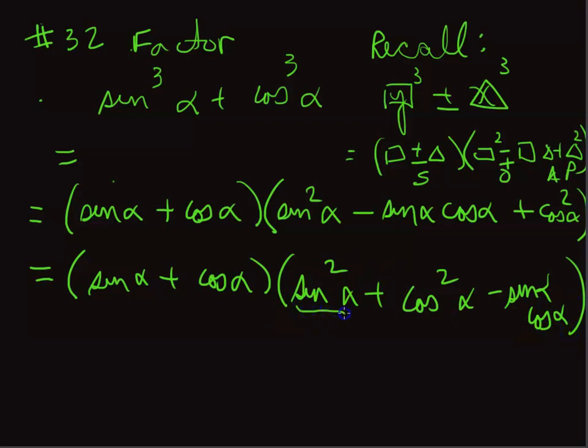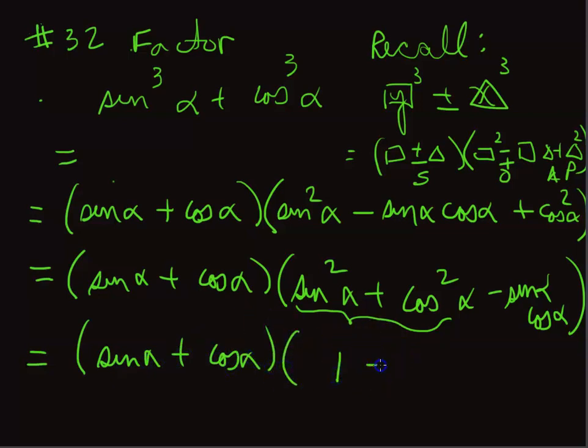But what is sine squared plus cosine squared? That's a Pythagorean identity. That's just 1. So we get sine alpha plus cosine alpha times 1 minus sine alpha cosine alpha. That's as far as you can really do this one.